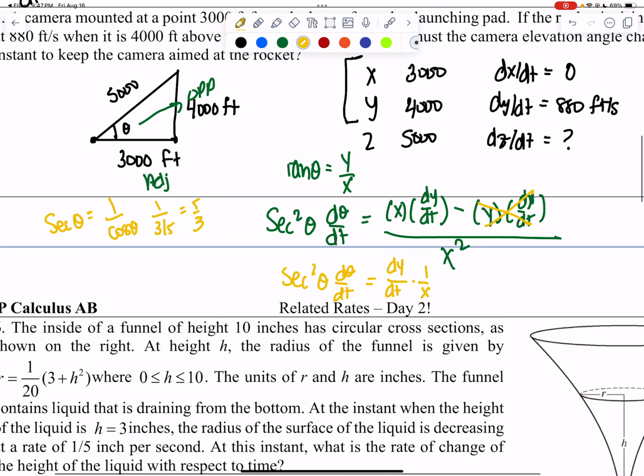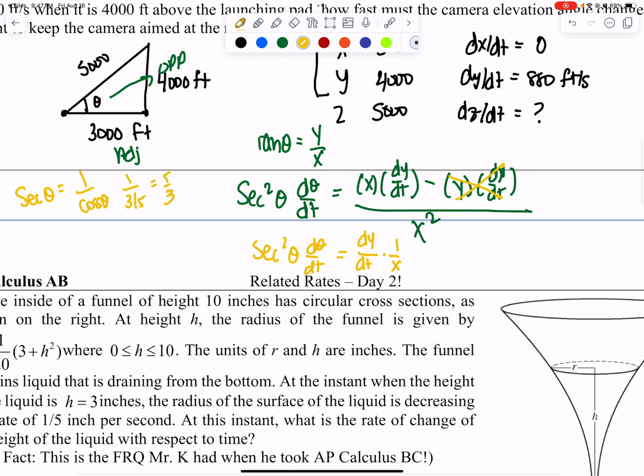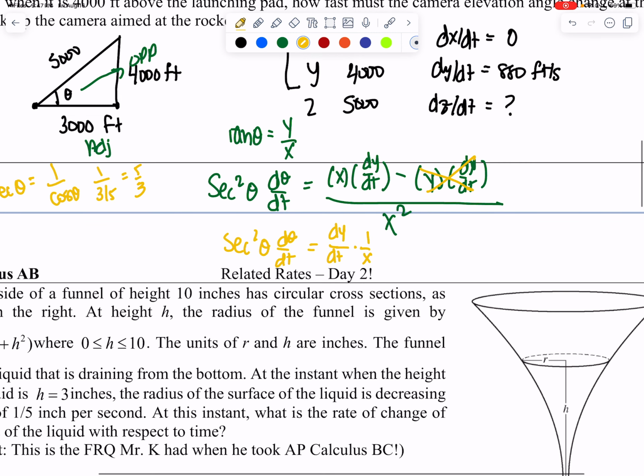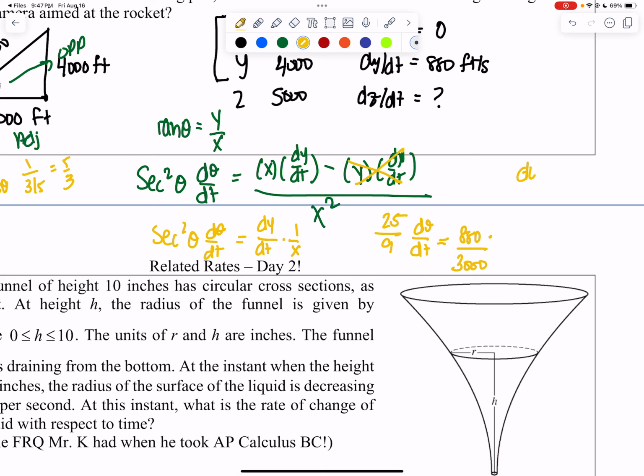So now I'm going to have secant squared theta, so I'm going to square that. So instead of 5/3, I'm going to have 25 over 9 d theta dt is equal to dy dt, which is 880. And then I have 1 over x, which is 3,000. And then if I were to solve for d theta dt, I'm going to get 880 over 3,000 times 9 over 25. And that is going to be my answer.